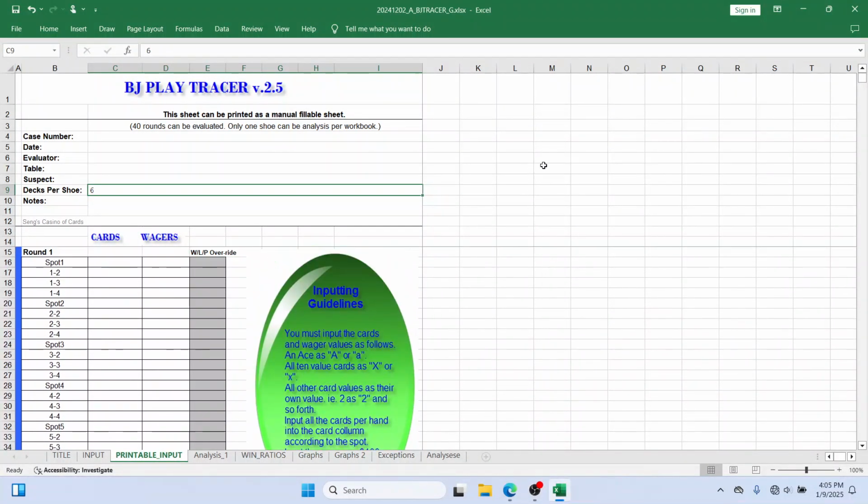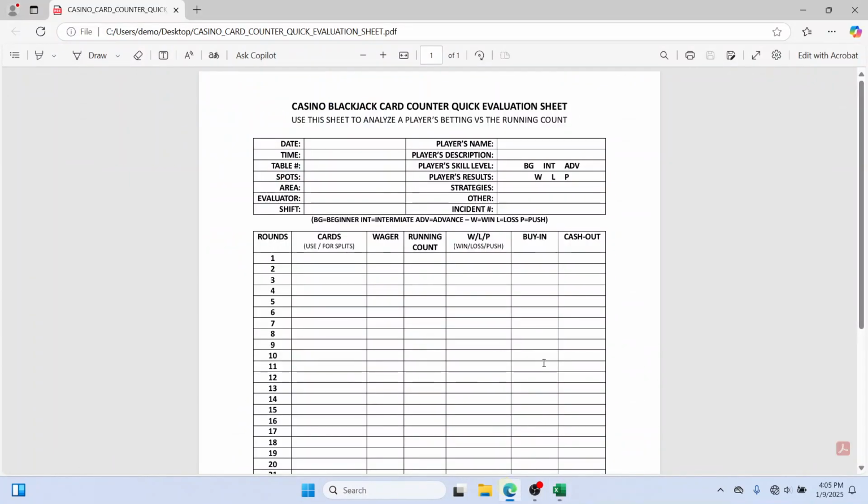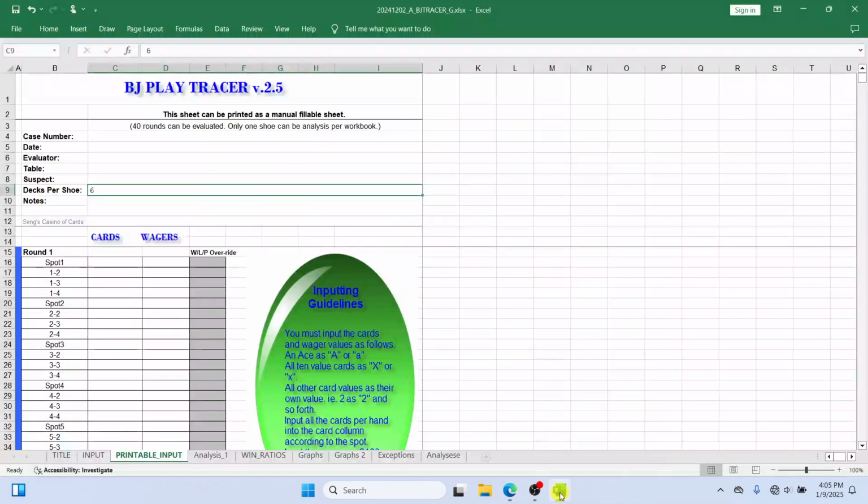Over the years that I've been in surveillance, I've trained people how to use this, and I also use it myself, and it saves a lot of time. Running down a player in the old days used to take us hours with this format here, because we had to manually calculate the percentages.